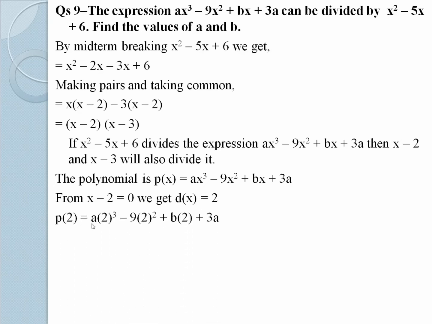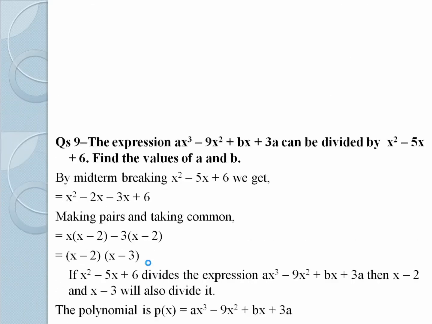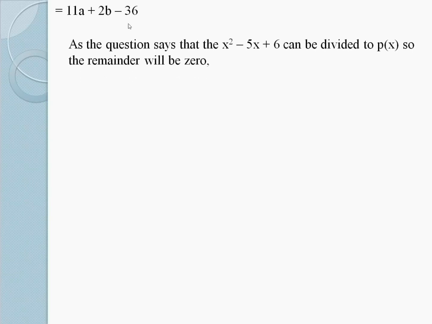P of 2 equals a 2 whole cube minus 9 2 square plus b into 2 plus 3a. Solving the brackets, 8a minus 36 plus 2b plus 3a. 11a plus 2b minus 36.